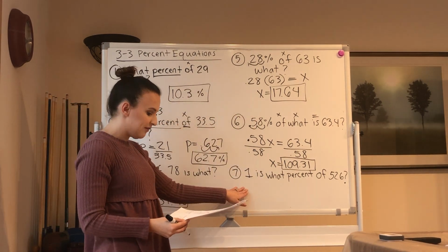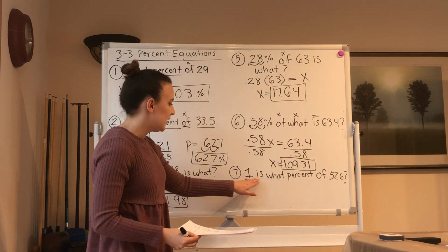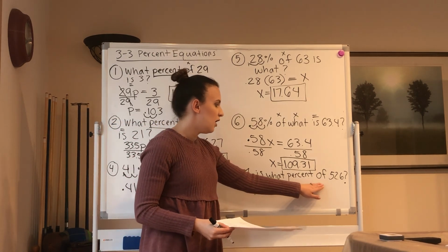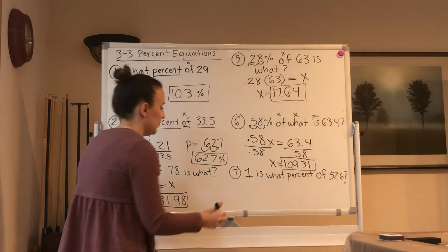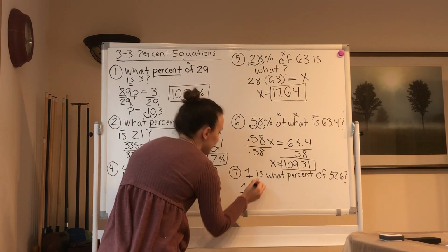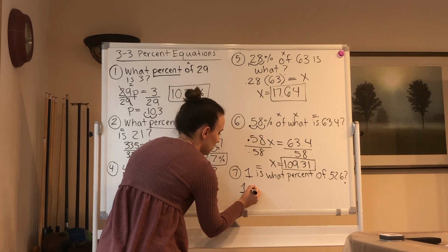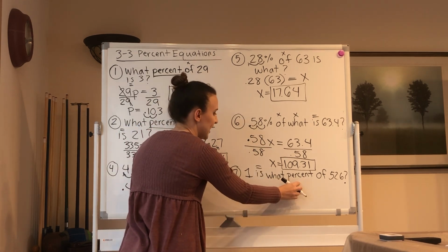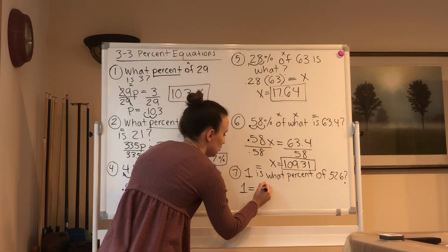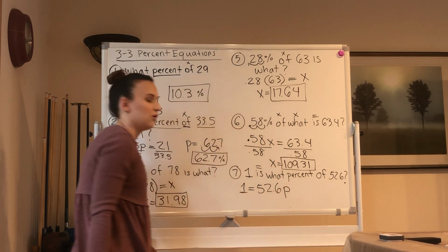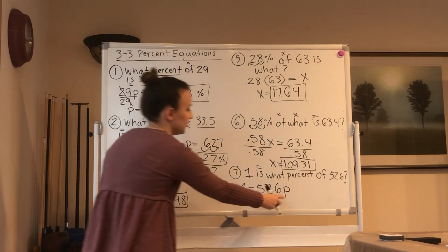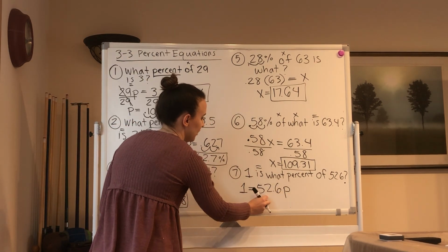Okay, moving to number 7. 1 is what percent of 52.6? Okay, so 1 equals what percent of 52.6? So 52.6, what percent of it? We'll call that P. What percent of 52.6?